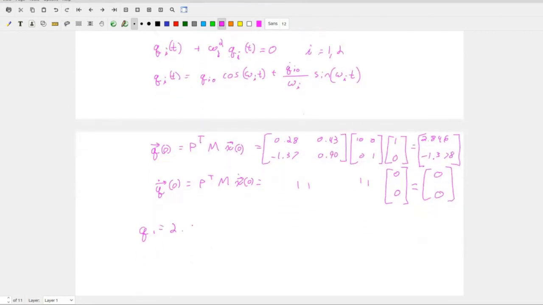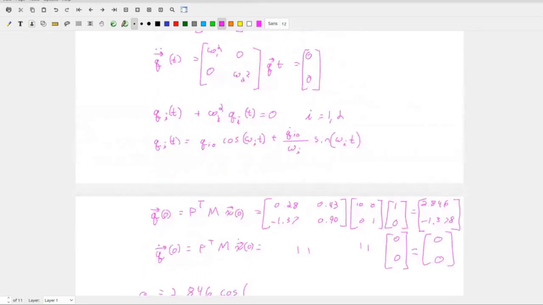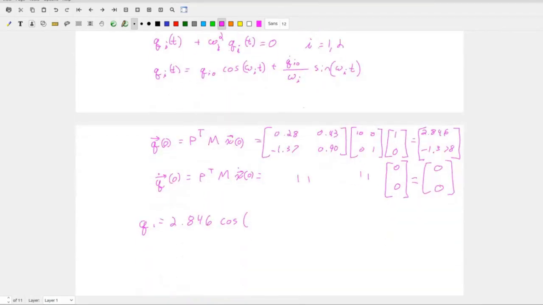So 2.846 cosine of omega I, and what's omega I1? It's 1.65. That sound right? And then t is a variable, so t is going to stay.